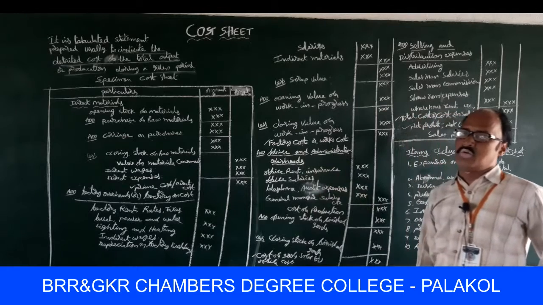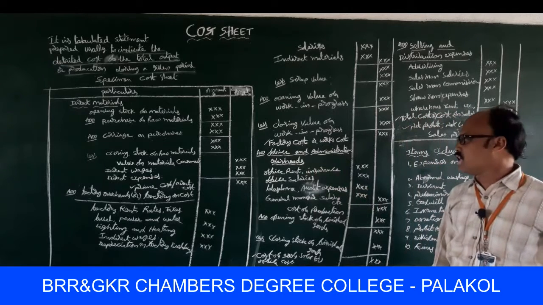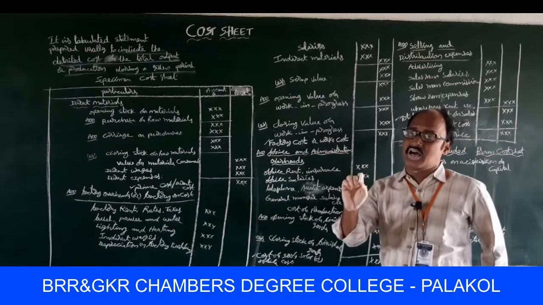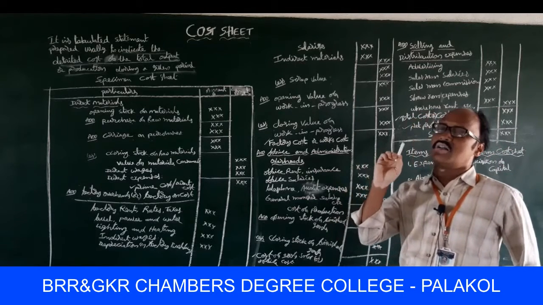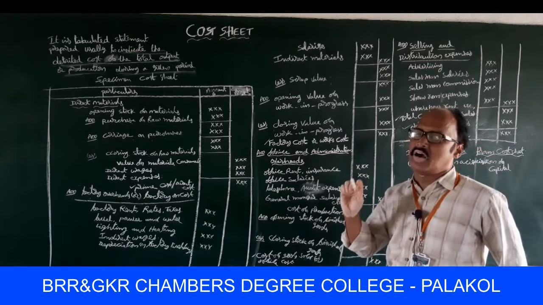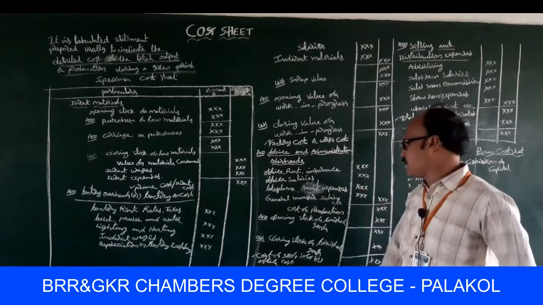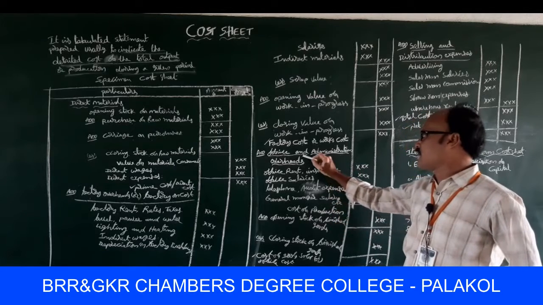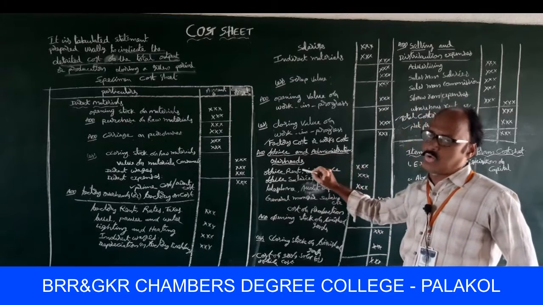Office and administrative overheads are nothing but office on cost. What are the transactions that should be recorded under the head of office overheads? These are all the transactions related to office and administrative overheads.